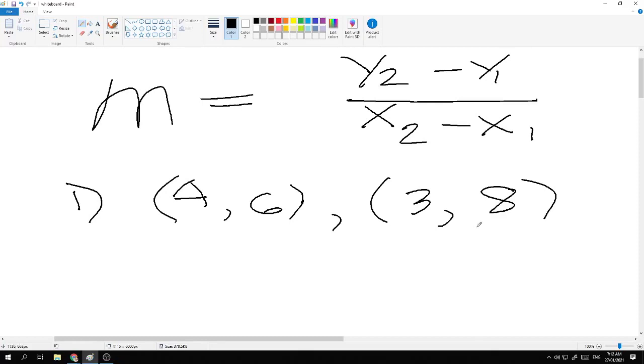You will be solving for the slope here. You will not be doing graphing here. Instead of doing graphing, you will solve this using the formula right away.